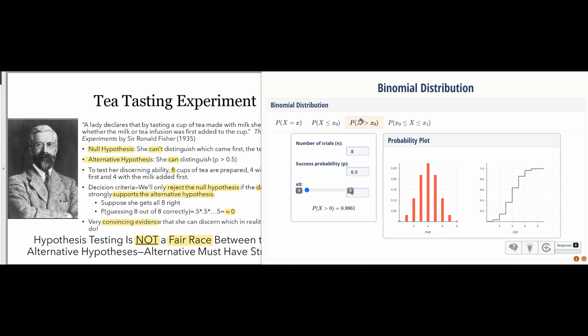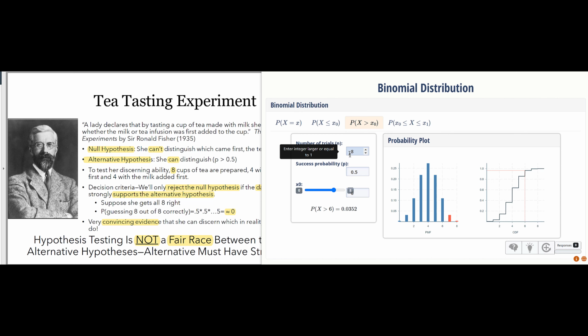This is where our idea of the alpha comes in, and we would be interested in having an alpha of, in this case, less than 5%. And let's notice that if we crank this up to greater than 6, if we do 8 trials where there's a 50-50 chance of the milk having been added first or the tea having been added first, and the lady gets more than 6 identifications correct, then if she's guessing, the probability of her getting more than 6 correct is less than 5%.